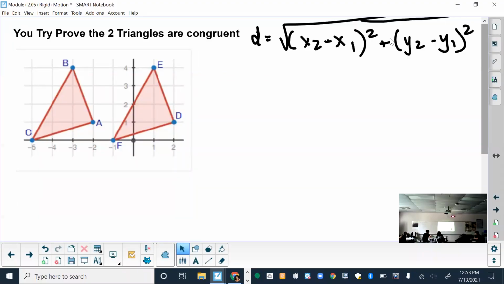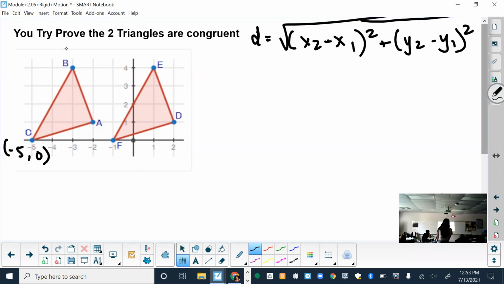All right, so let's just take a second and label all the points. So point C should be labeled as what? -5, 0. What about point B? -3, 4.